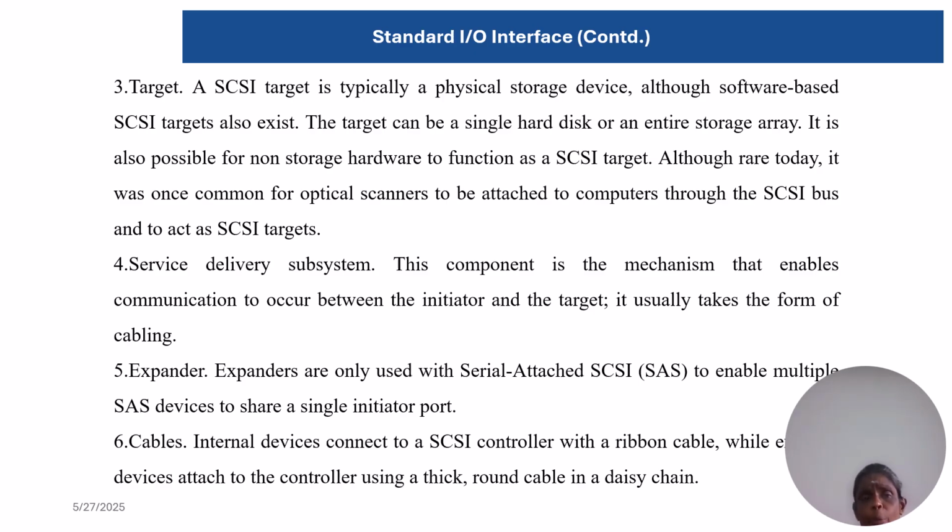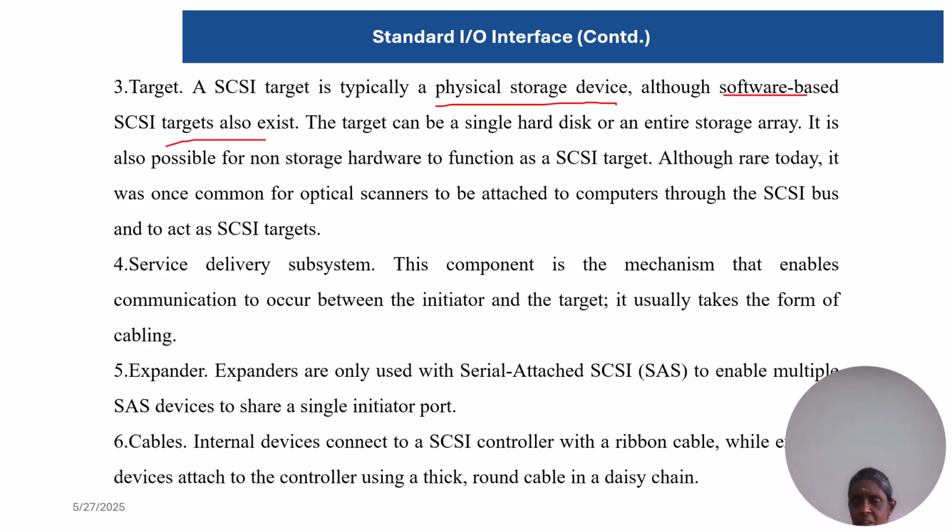The third component is the target. A SCSI target is typically a physical storage device. It is the bus that carries the information or data, as well as the storage device. Although a software-based SCSI target also exists.